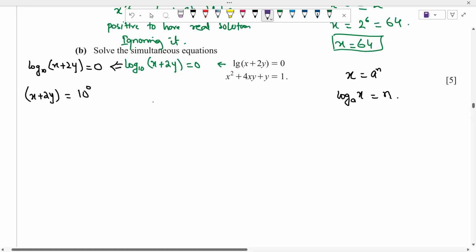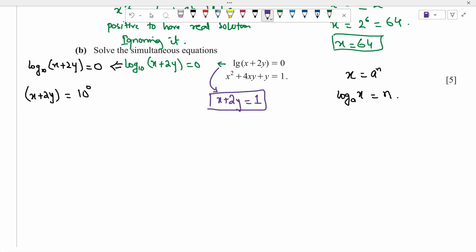So this equation can be written as x + 2y = 1. And we need to solve this equation and this equation simultaneously.